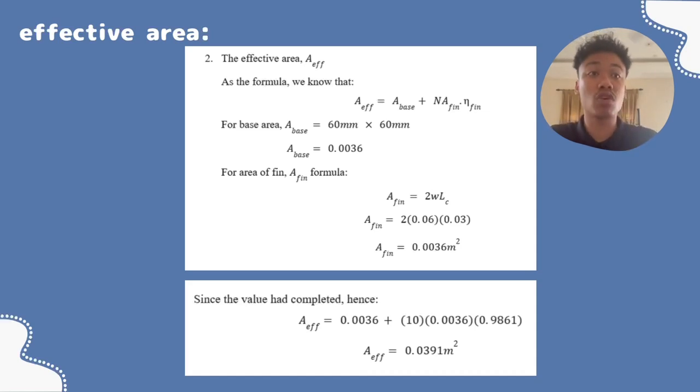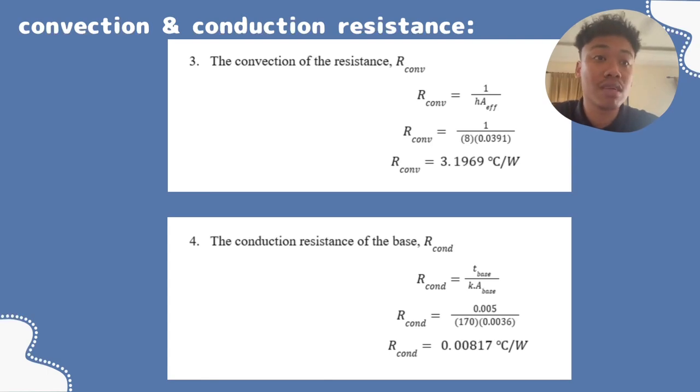The area of the base is 60 by 60, which gives 0.0036 m². The area of the fin is 2WLc, and we get 0.0036 m² also. So we get an effective area of 0.0391 m². Now we want to calculate the convection and conduction resistance.